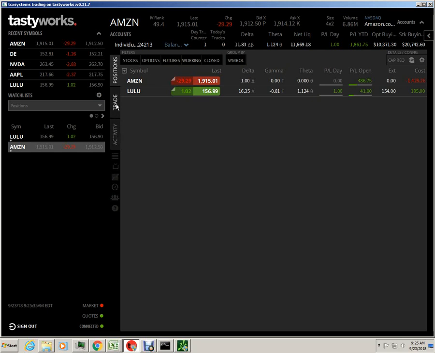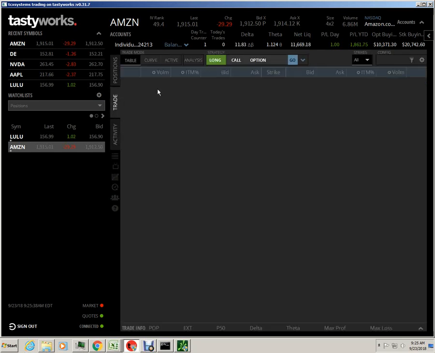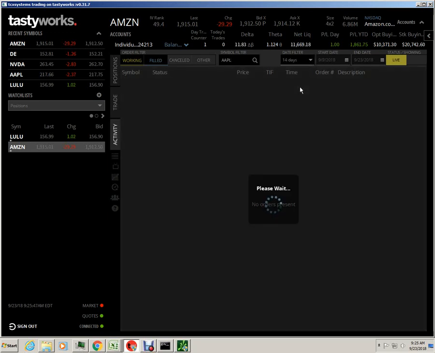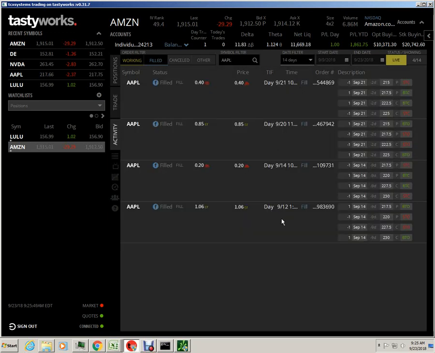And the kind of trades that I do, I'll just show you like the last 14 days, for example. Let's look at activity, and let's go to Apple. What I do is I sell weekly options on Wednesday or Thursday and try to close them out by Friday. So you get a lot of premium decay that happens in the last 2 days of weekly options, 2-3 days.